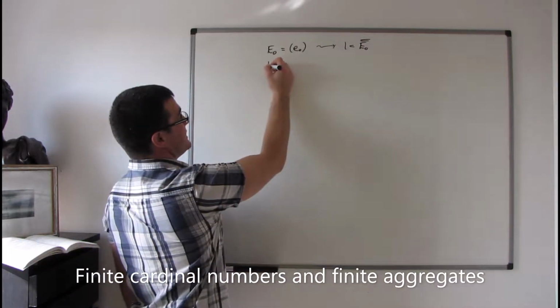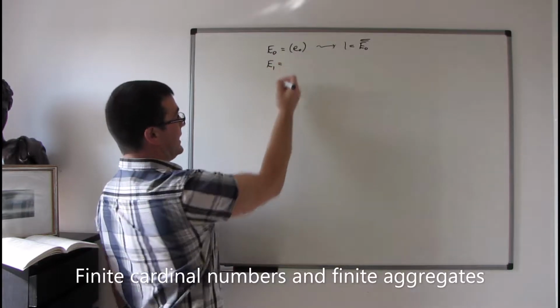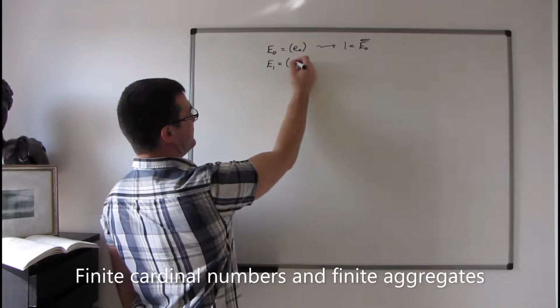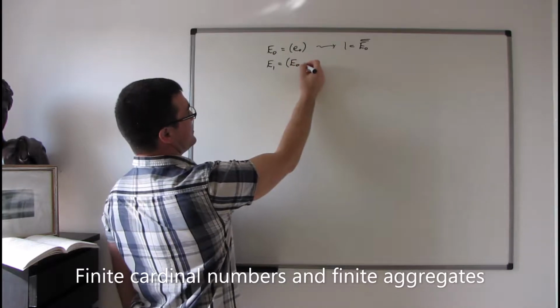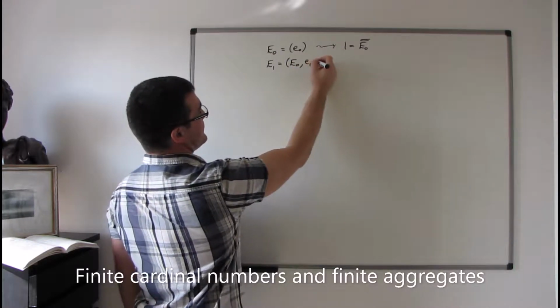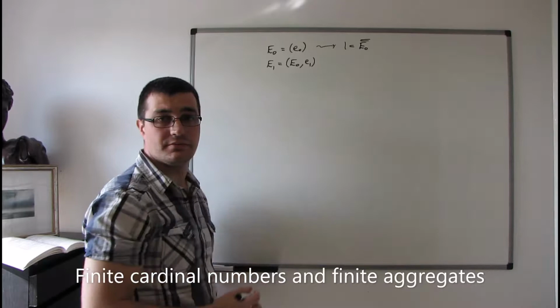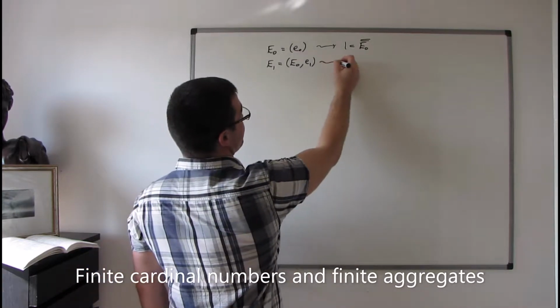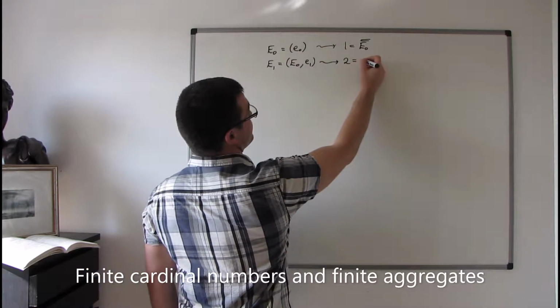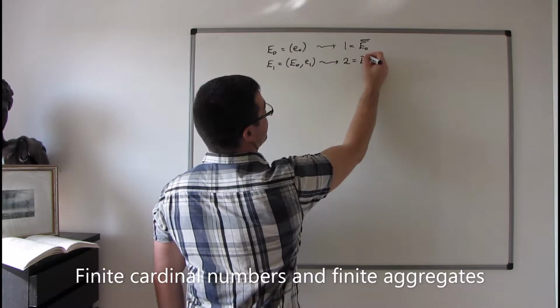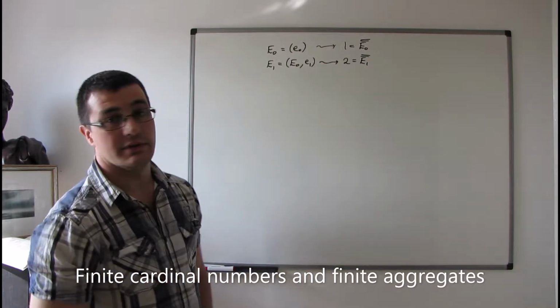Now if we take E1, a new aggregate, to be the union aggregate of E0 and a different element e1, we can define 2 to be equal to the cardinal number of E1.